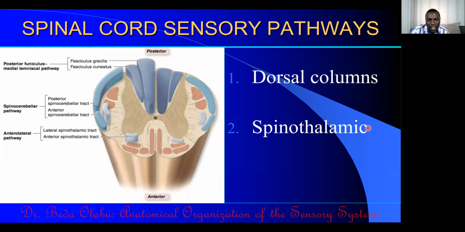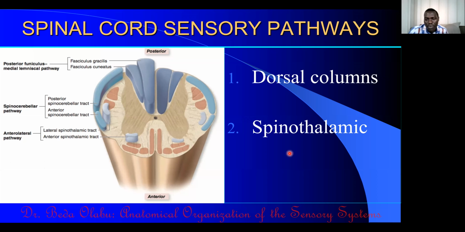Spinothalamic pathway, on the other hand, is on the anterolateral aspect of the spinal cord. They are second-order sensory neurons, as opposed to dorsal columns, which are first-order sensory neurons. These ones are second-order sensory neurons. They carry information regarding pain, temperature, crude touch, and pressure.